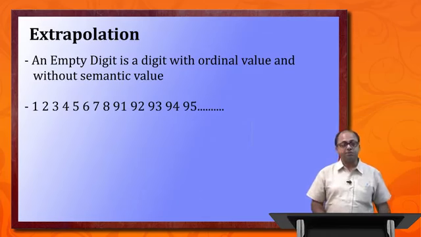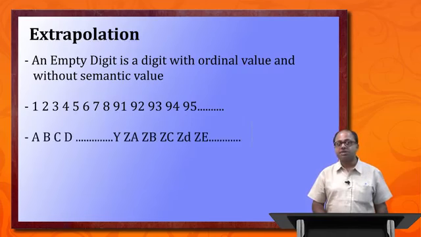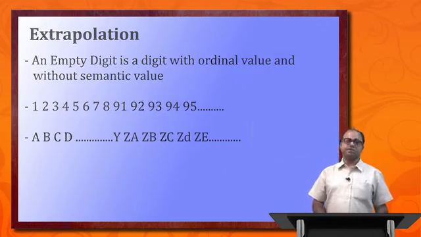Here the specifying characters are 1 2 3, but 9 remains constant, and similar case occurs, you see, at the next line for A B C D up to Z. Both 9 and Z are empty digits here. The specifying characters are A, B, C, D, etc., but Z remains constant. So, here 9 is empty digit and also Z is another empty digit. They possess only ordinal value, but no semantic value.